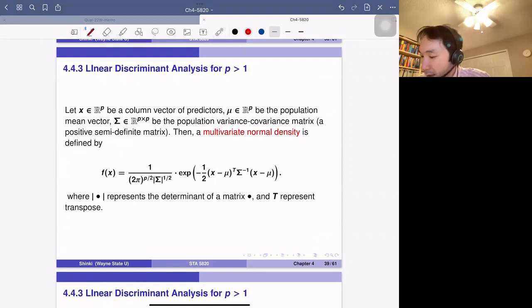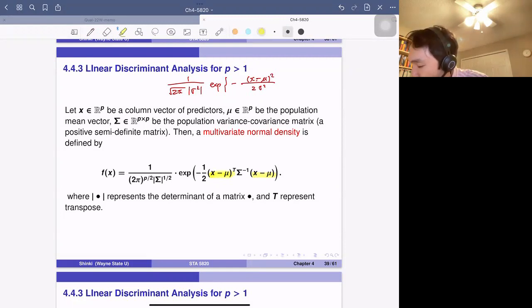It is given by this, with x minus mu and x minus mu. This is similar to the univariate case, where we have 1 over the square root of 2 pi sigma square, times the exponential of negative 1 over 2 sigma square times (x minus mu) squared, right? So (x minus mu) squared corresponds to (x minus mu) transpose times (x minus mu). Basically it's the same.